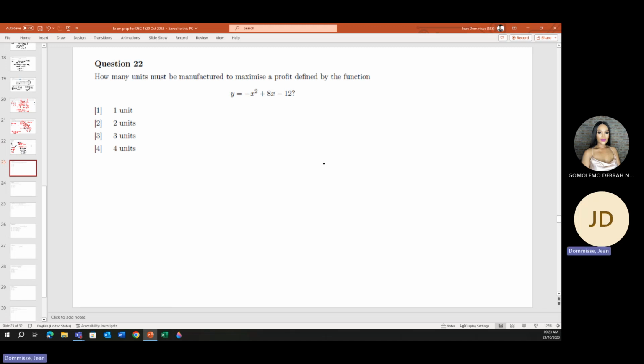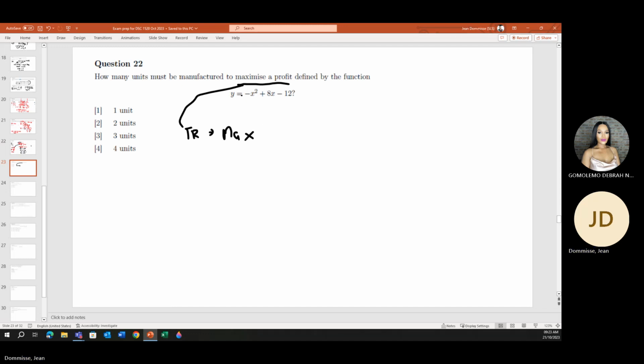Okay, so what we can do with this one is there's 2 things that we can do. We know when you maximize a profit, it happens at the turning point. So at the turning point, you will maximize the profit. Or if it was a positive before the x squared, at the turning point, you will minimize the profit.